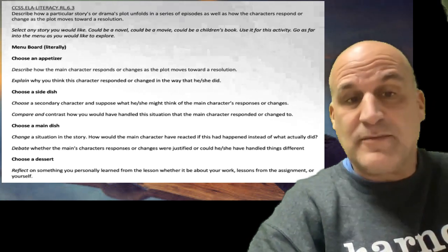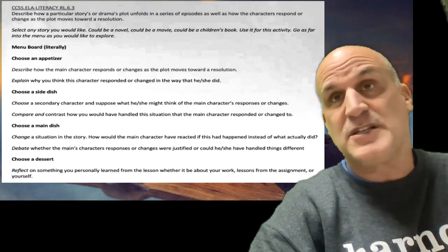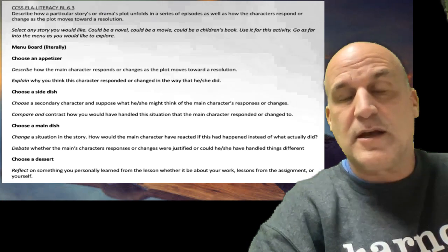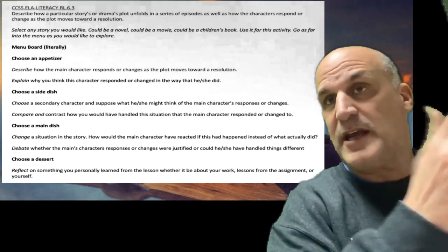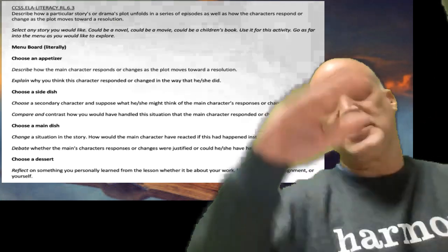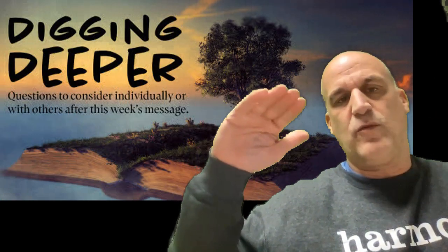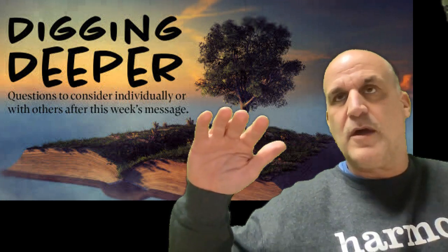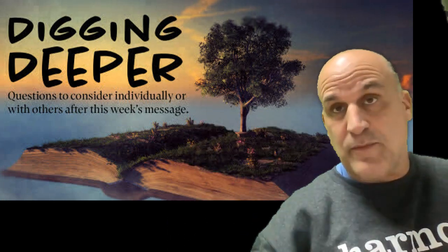Similarly, they could debate whether the main character's responses were justified. So they're going to evaluate whether what they did was correct and what criteria are they using. So we're starting to get much deeper rather than just the basic surface level of what we're getting from this novel. We're actually digging a little bit deeper and thinking about it in ways that we wouldn't normally think about.